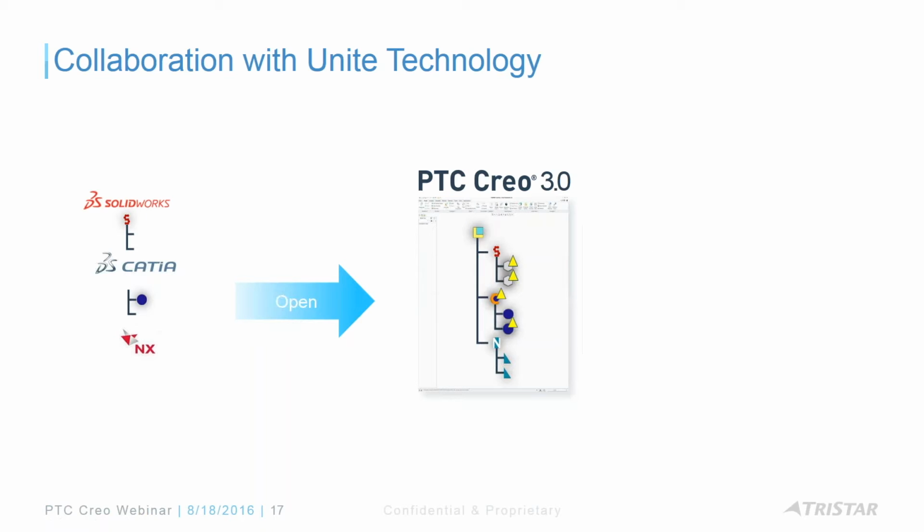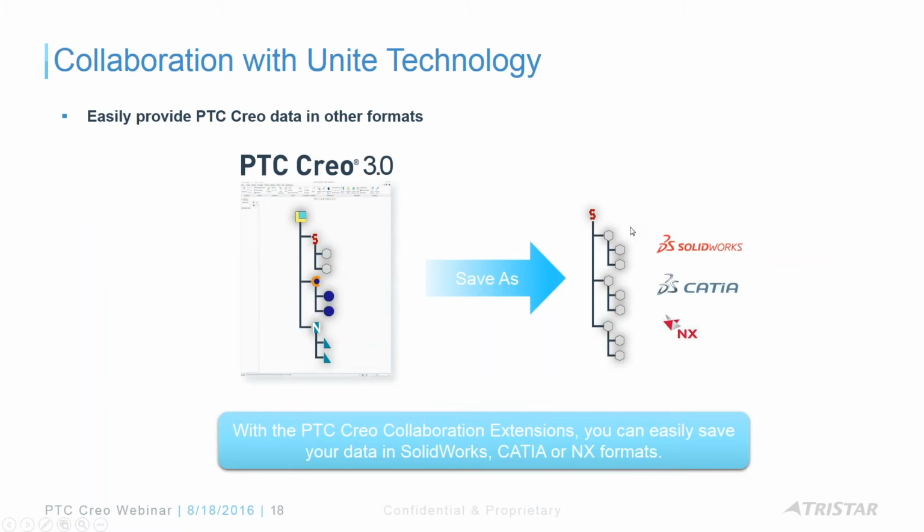Same thing if you have a CATIA or an NX file. The other piece is the save as. If you have the additional extensions, for example, if you want to save as to SolidWorks, you need the extension for SolidWorks. If you have CATIA, you need the extension for CATIA, and it will save that assembly to that format.